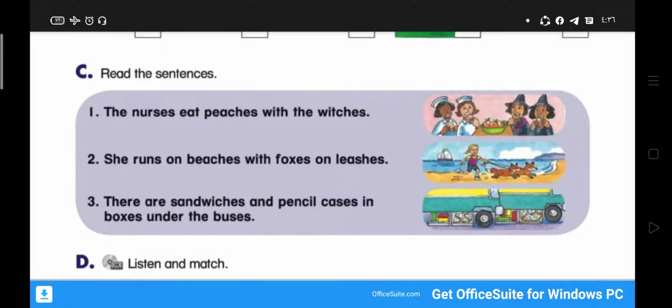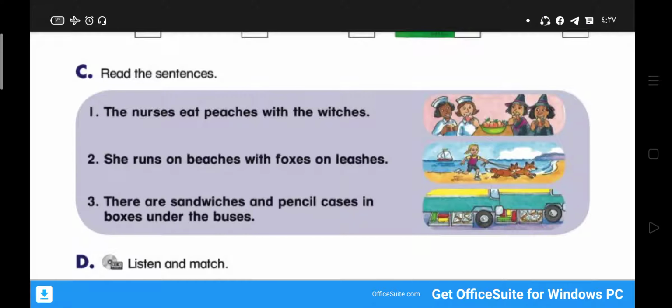Leash, ends with sh, so we put es to make plural. Boxes, box ends with x, so we put es to make plural.